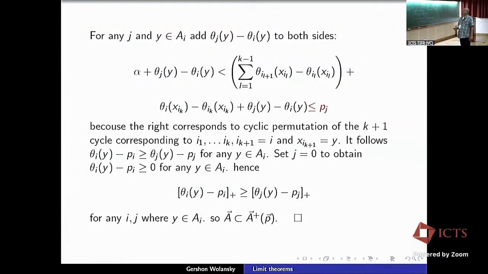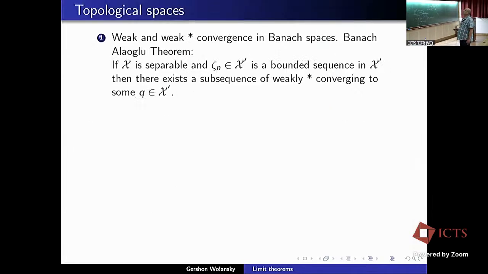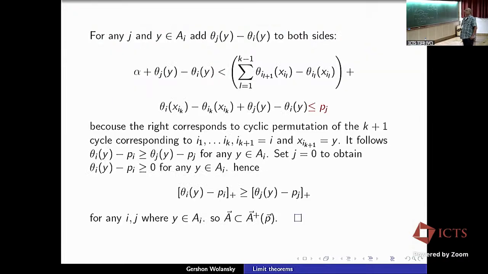So let's now go to the full problem, step by step. The next step is to consider topological spaces, and I will give you some reminders. So far what we had was X a compact measure space, and the target was discrete, the points 1 to n. Now I want both spaces to be possibly infinite.